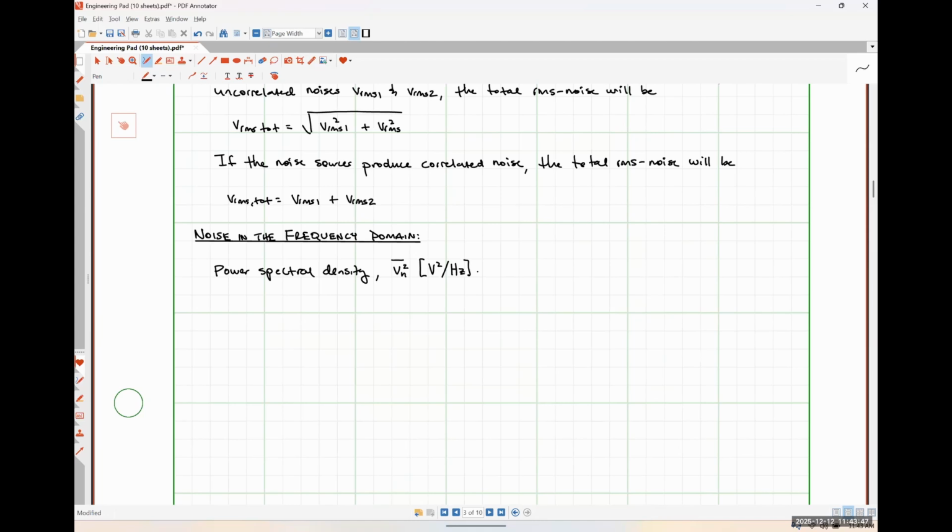Where again, volts squared is proportional to power for an arbitrary resistance. And then because we're dealing with voltage as a function of frequency, we need that hertz in there as well. Okay.